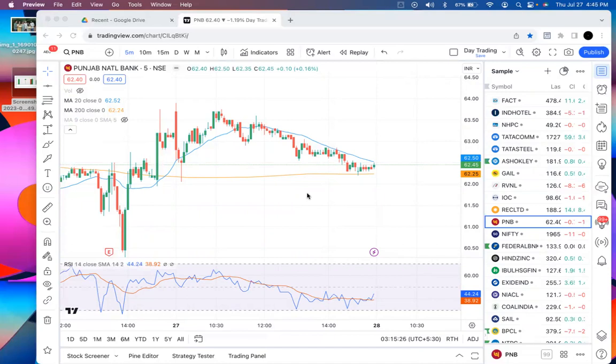So what I do is, if the location here is good and the RSI also looks good, I may just go ahead and enter and then look for a 1% profit as well. These are ways of finding entry points for purchasing stocks.